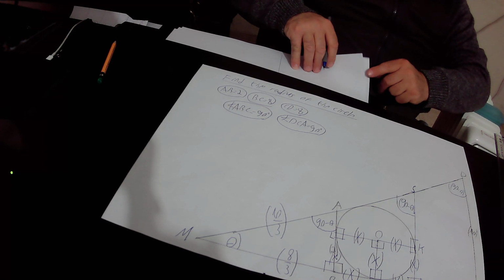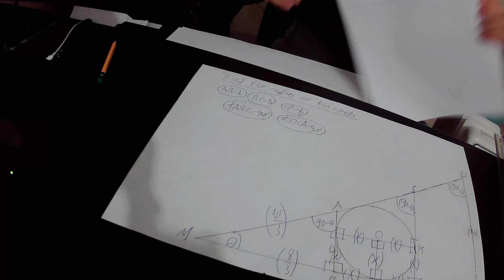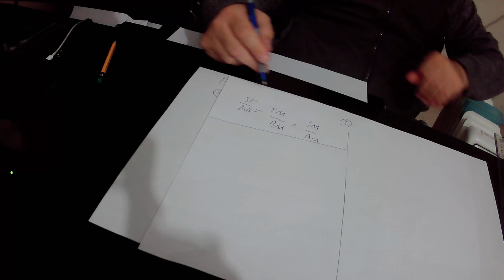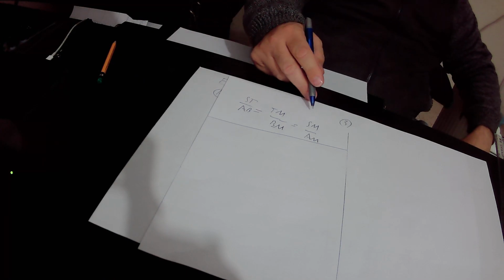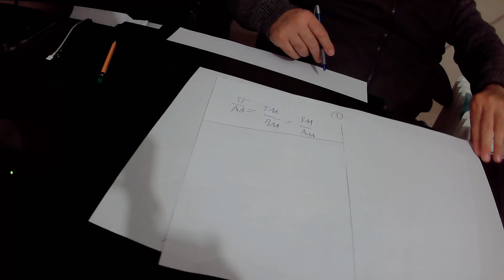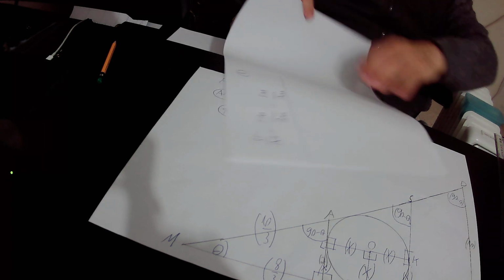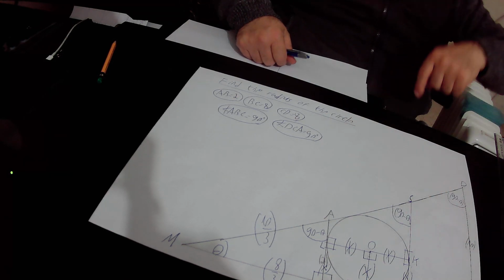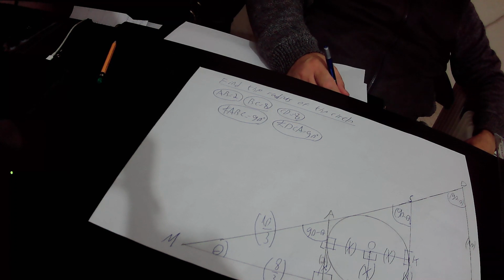In conclusion, ST over AB equals TM over BM equals SM over AM. ST is the missing side, so we leave it as it is.